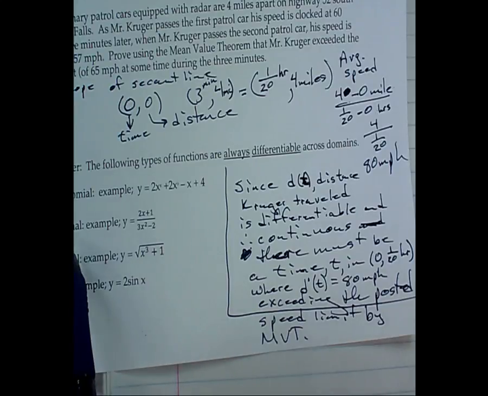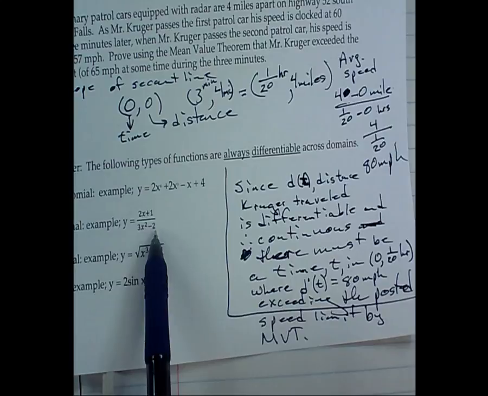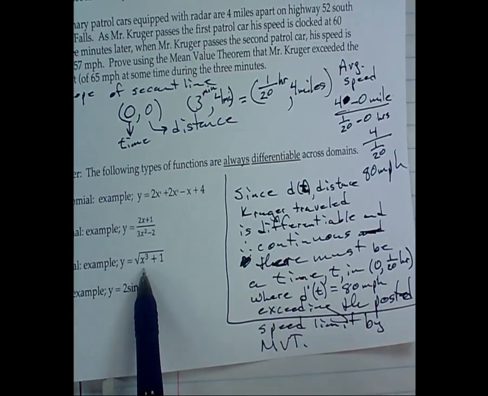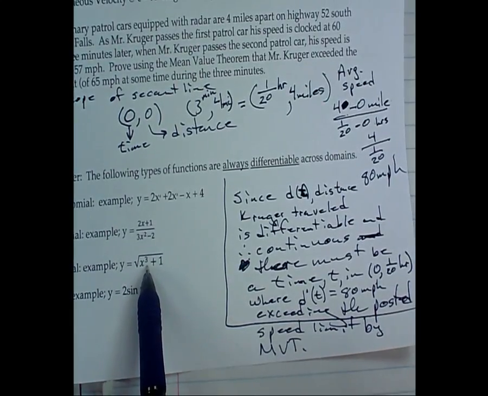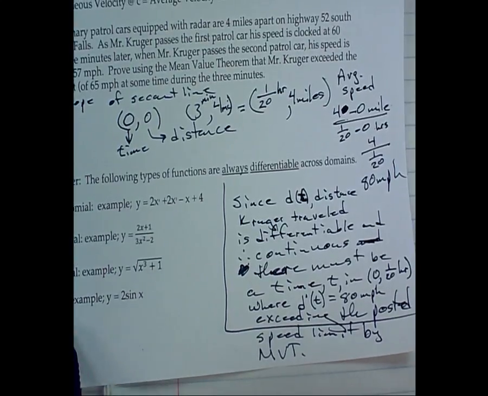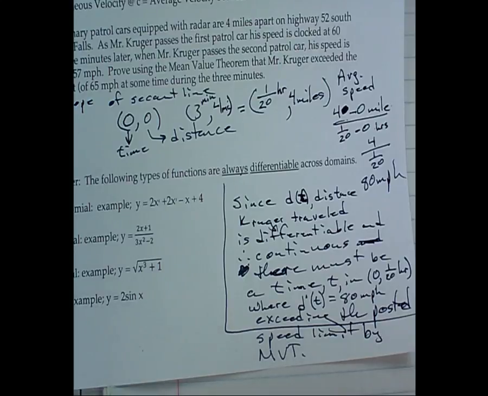Okay, rational. Again, it's the domain, because the ones that make division by 0, they're not invited. They're problematic. Radicals. We're not able to put in negative numbers if they cause problems, correct? All trigs except for those that cause division by 0. Does that make sense?